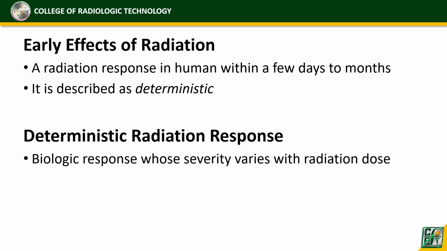So, deterministic radiation response, same as early effects of radiation, is a biologic response whose severity varies with radiation dose. So, in deterministic radiation dose response, a dose threshold exists.